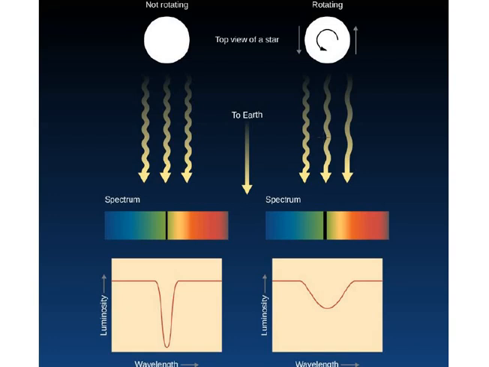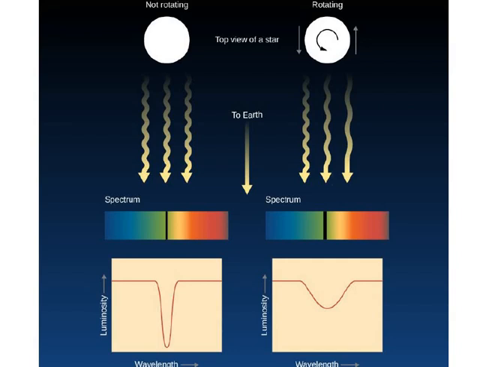Each point on the star has its own Doppler shift. And so as a result, the spectral line that we will see from the whole star is actually much wider, because of this spreading towards shorter and longer wavelength, than it would be if the star were not rotating.